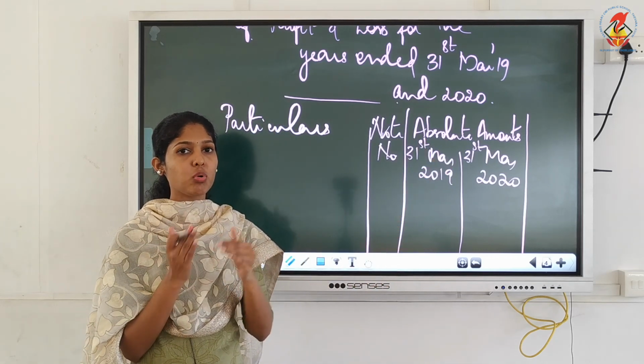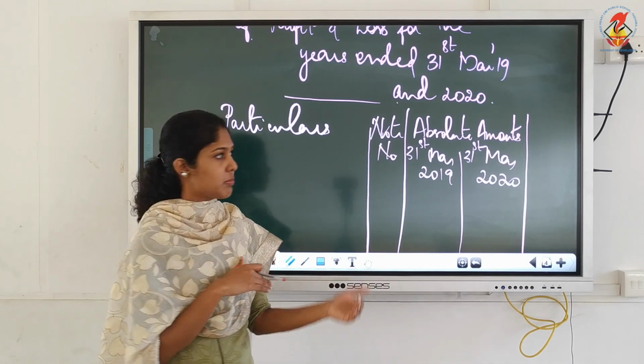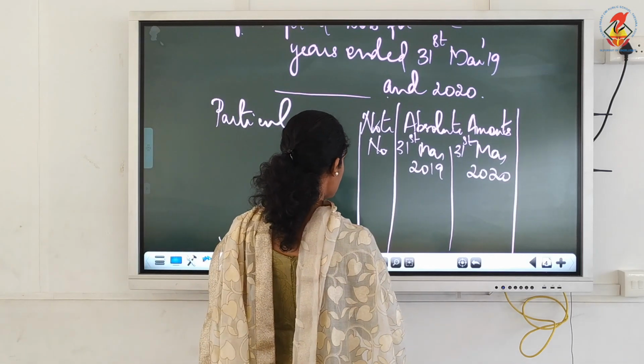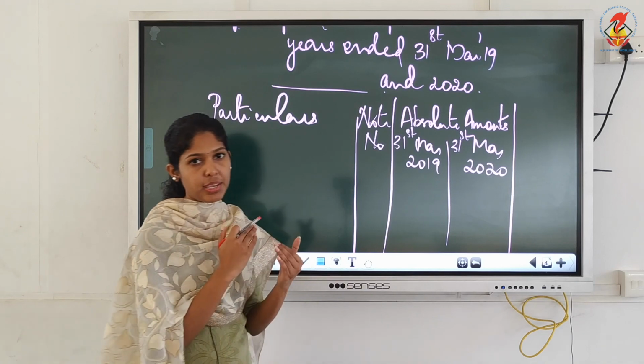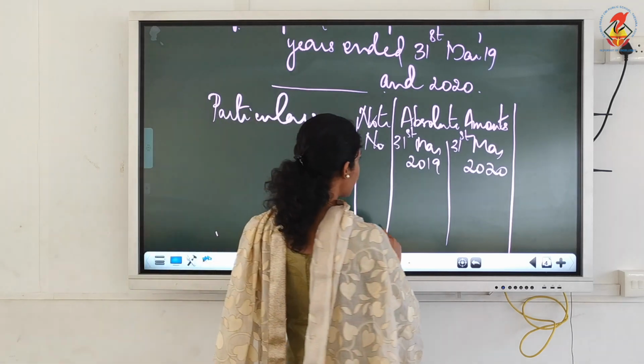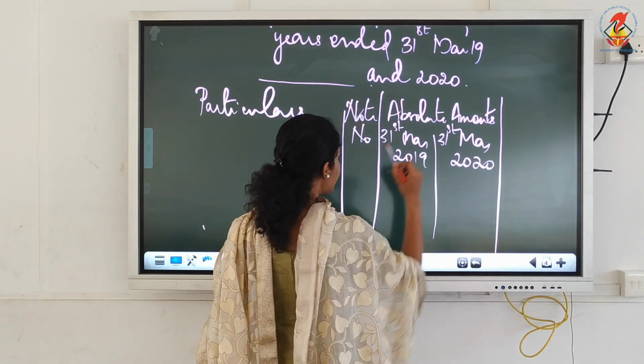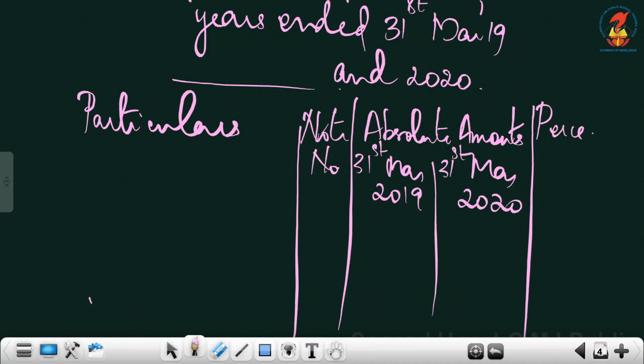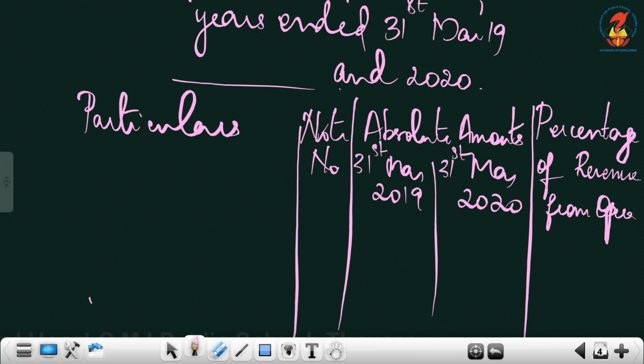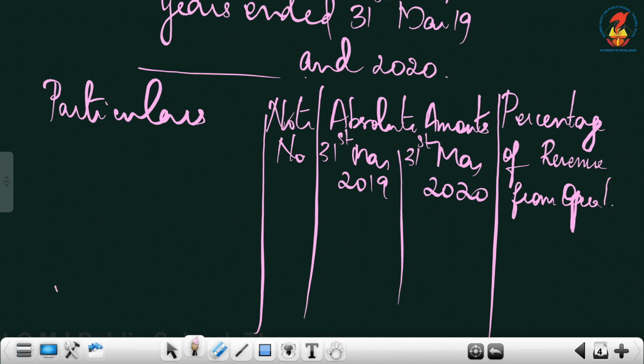Absolute change we have only for the comparative statements. Here we don't have absolute change because we are not actually comparing. The next column we write is the percentage column, and for common size P&L, the base will always be revenue from operations or the net sales.